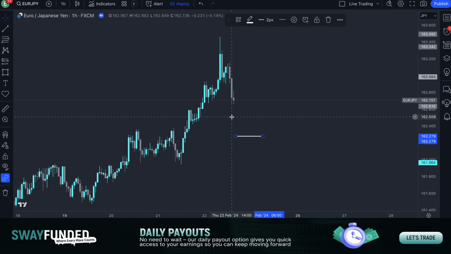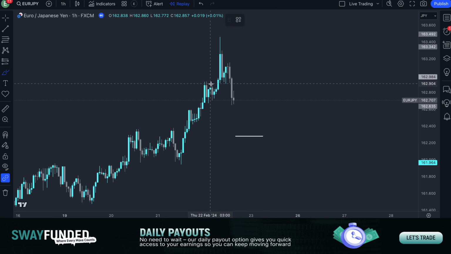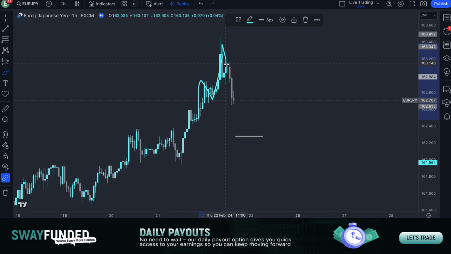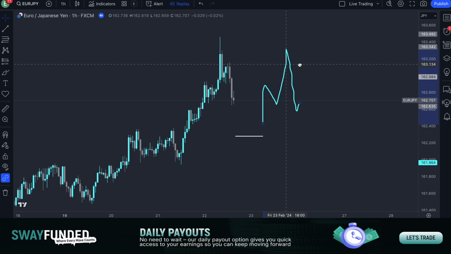You can see the low of the previous candle was 162.649, but the low of this one is 162.659, so it retraced. The low is higher than the previous low, if that makes sense. So price basically was trending up, and then it broke the low and retraced. So this is what it looks like.